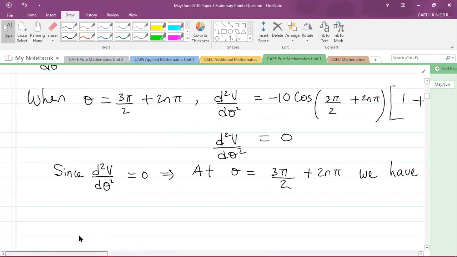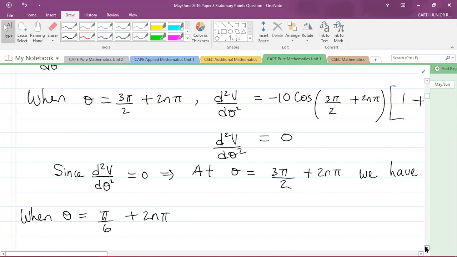Great. So just now proceed to the other value of theta. This is when theta equals pi over 6 plus 2n pi.